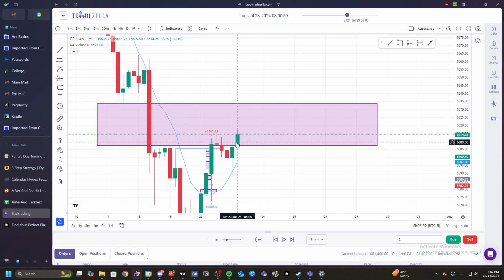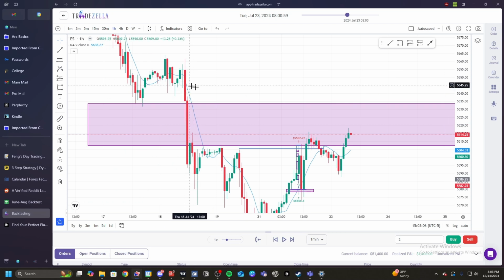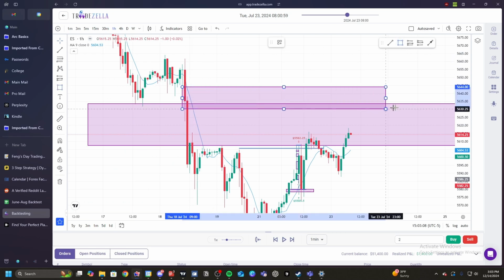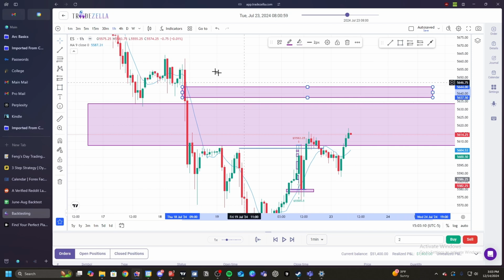Tapping into a 4-hour bearish. This one right here. And we have an untapped bearish FVG up here. I'd actually like for us to hit that. And we are in a 1 hour bearish right here.